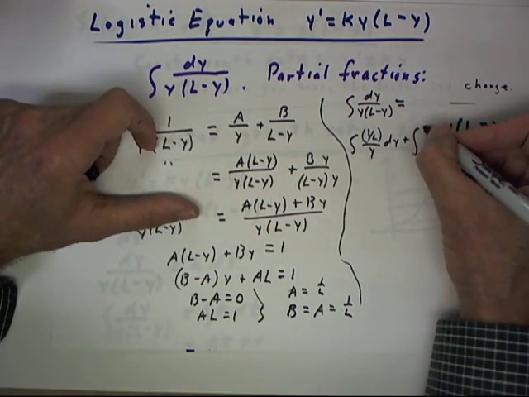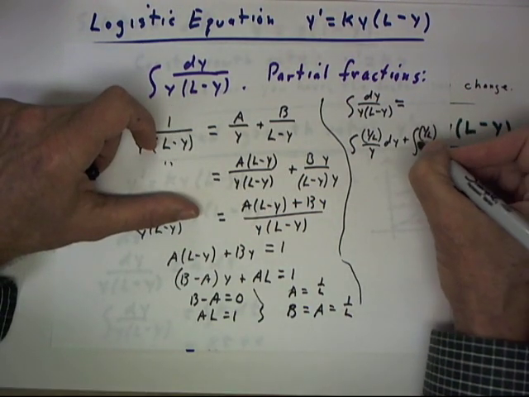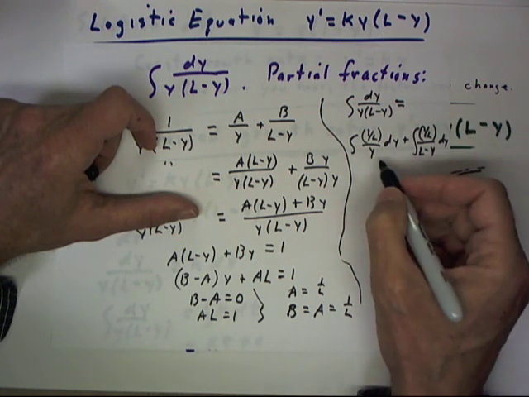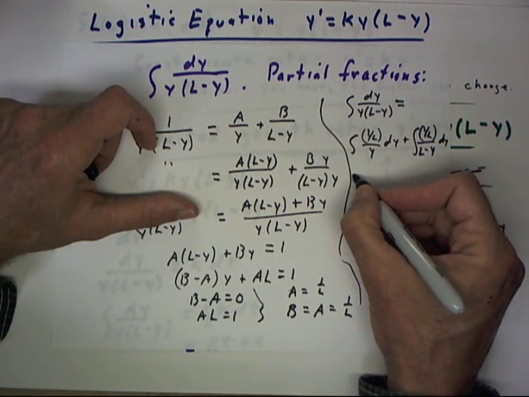So b being equal to a gives us 1 over L, over (L minus y) dy.